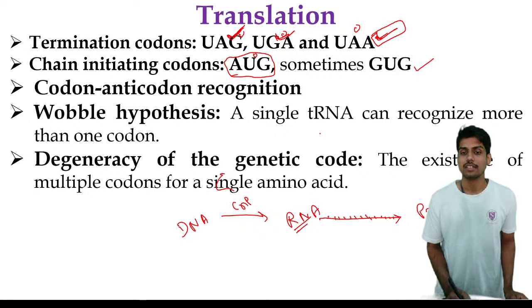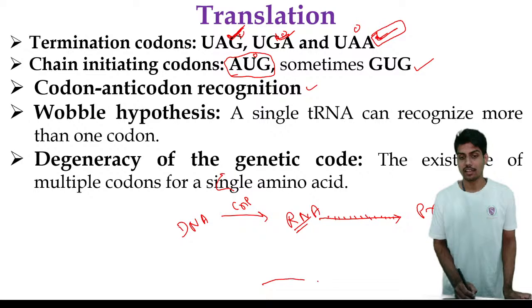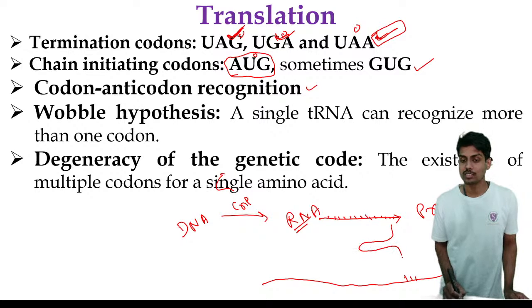Then the codon-anticodon reaction. This is the mRNA, and the codons are present on it, and there is another RNA called tRNA. It has a structure like this, with an anticodon arm.